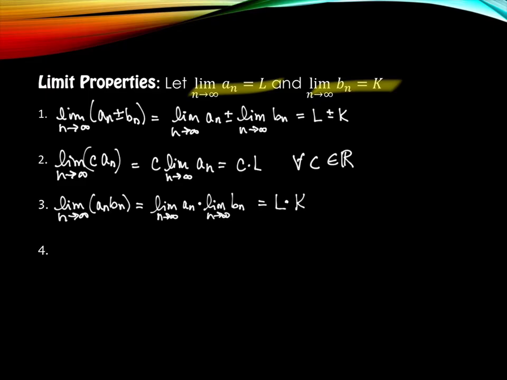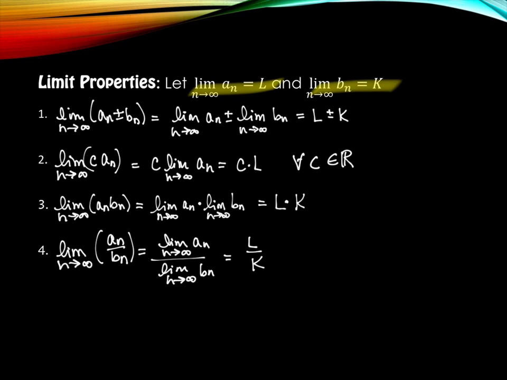Number 4, this is the last one here. Any idea what we haven't covered? Division. So we'll do a sub n over b sub n. So what do you suppose is going to happen? They act the same way. Limit as n goes to infinity of a sub n over the limit as n goes to infinity of b sub n.